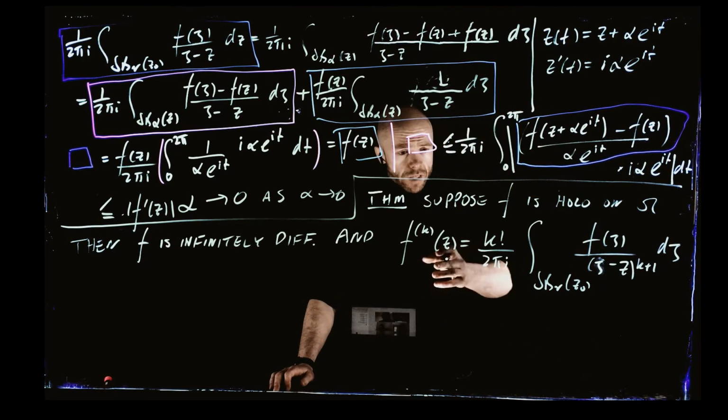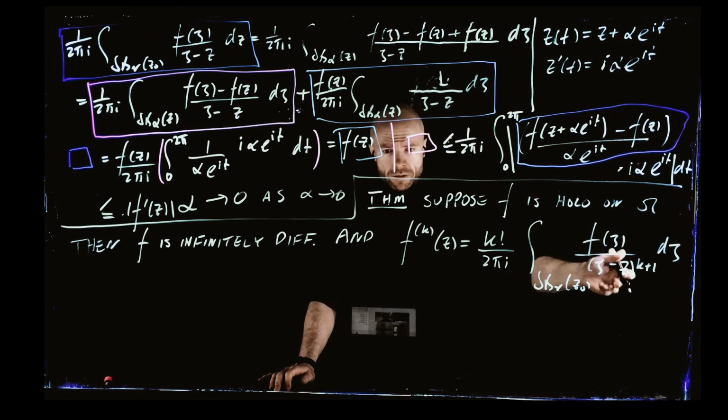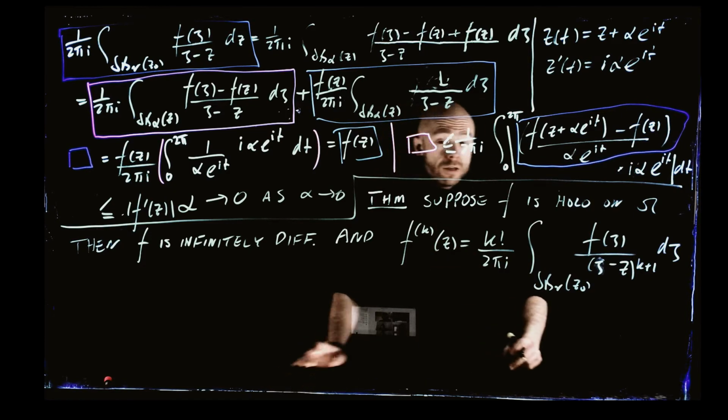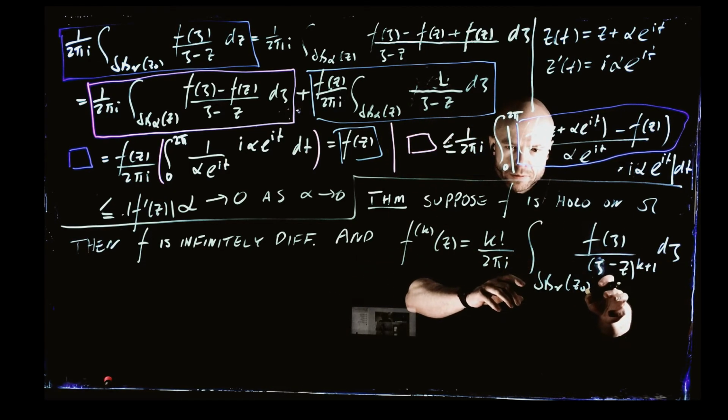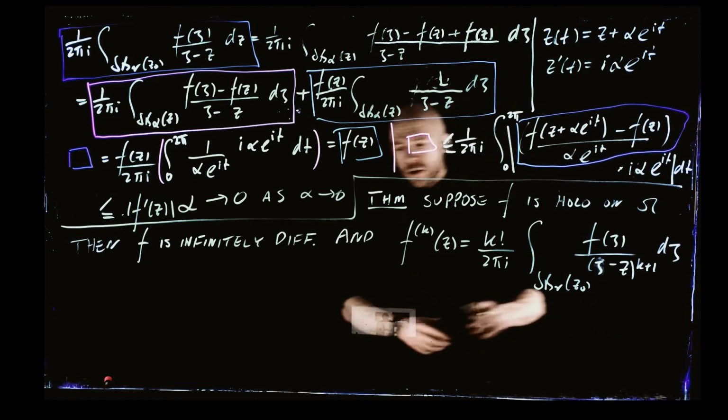So when k equals 0, this is exactly Cauchy's integral formula. But now this gives us a formula for the kth order derivative in terms of an integral of the function itself. Okay? Which is, again, a very powerful thing.